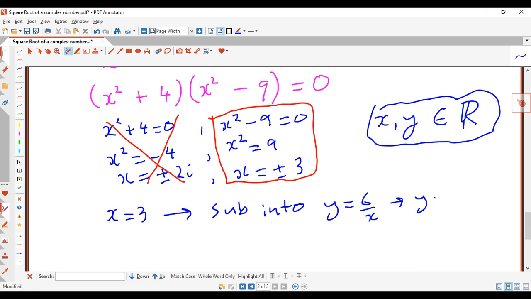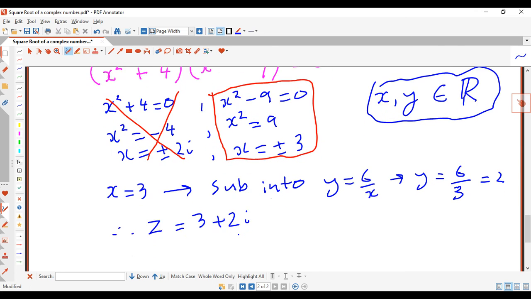That's going to give you y equals 6 on 3, which equals 2. Right, so therefore, z is equal to 3 plus 2i. That's one of your solutions.